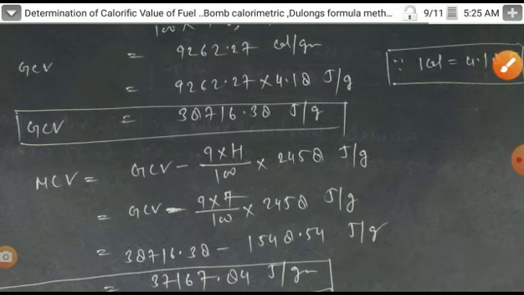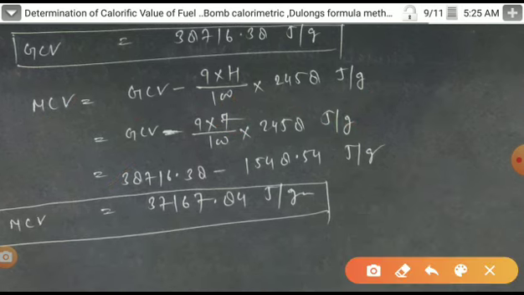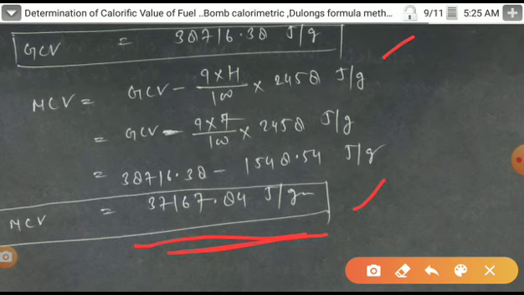For this numerical, the NCV comes out to 37,167.84 joule per gram. Clearly observe that the GCV is higher as compared to the NCV.